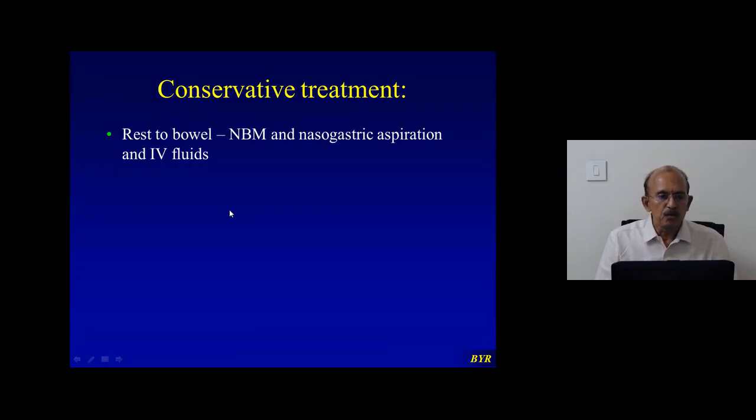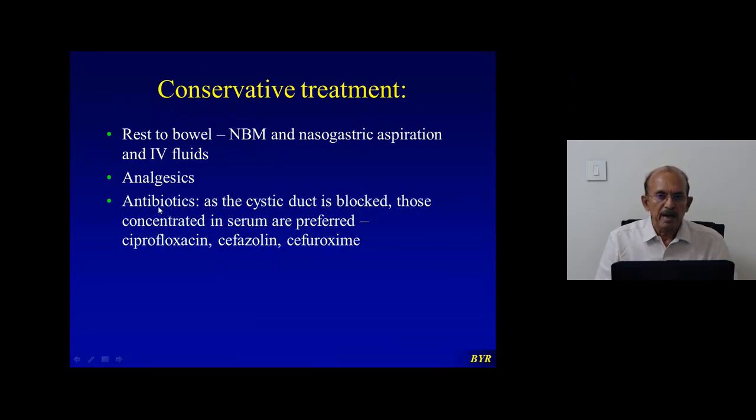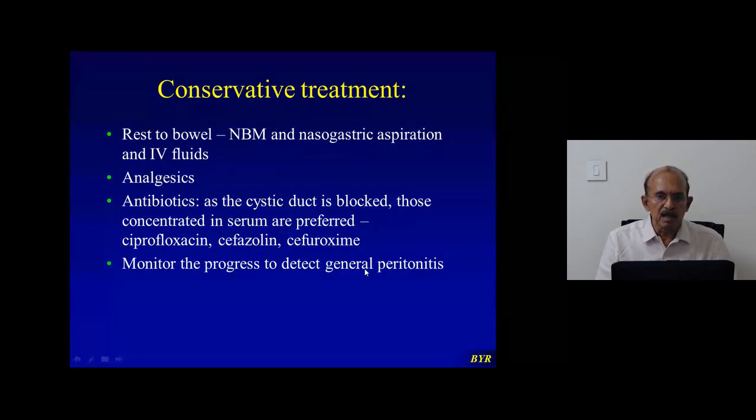You have to give them for 3 to 4 days. Analgesics to the patient, antibiotics. As the cystic duct is blocked in acute cholecystitis, those concentrated in serum are preferred, like ciprofloxacin, cefazolin, cefuroxime intravenously along with metronidazole. Monitor the progress to detect general peritonitis.